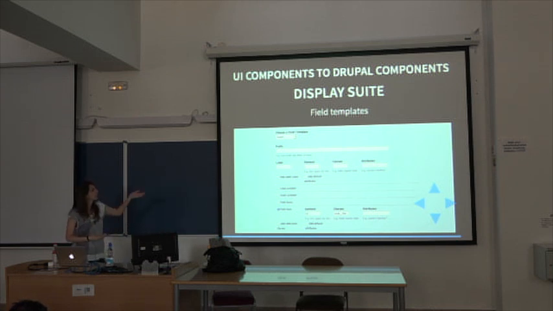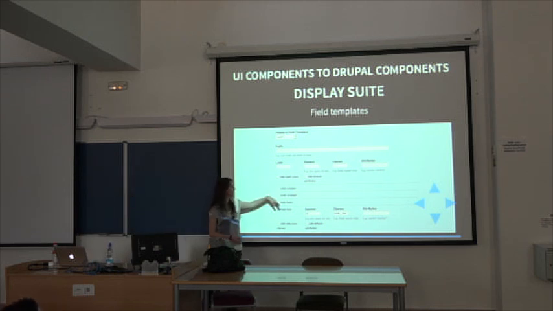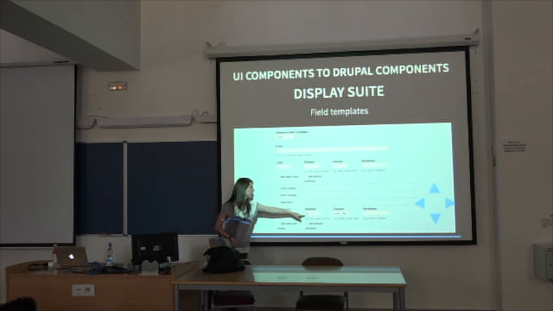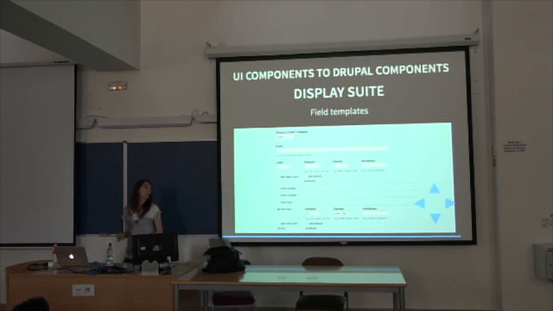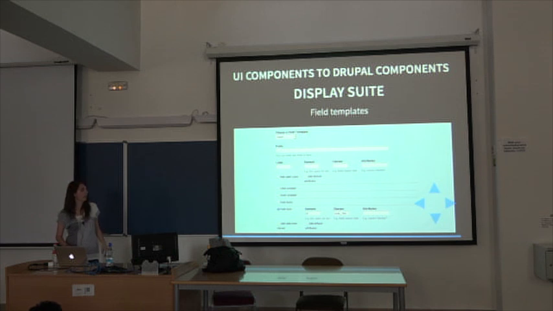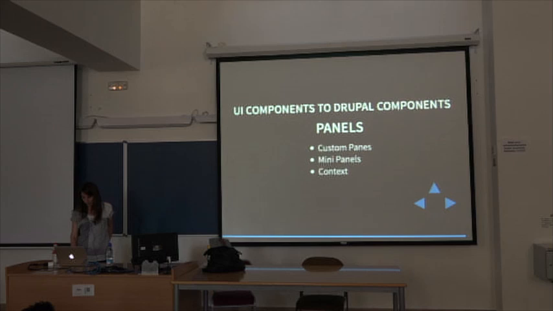For example, in that case, where it will be a title, it's really small, but what that's doing is removing all the divs, and it will only have the H2 level and one class. Everything else will be removed, so that's great in Display Suite. If you don't know how the tool works, then ask me after this.